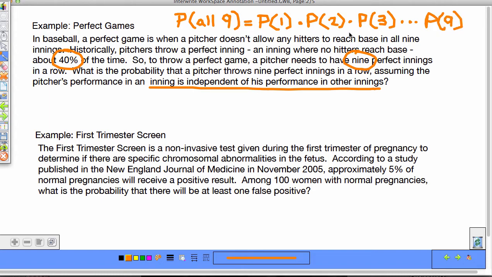I know each of these probabilities, and in this case, each of them is 0.4. So this would be 0.4 times 0.4 times 0.4 times 0.4, which would just be 0.4 to the ninth. So the probability that a pitcher throws 9 perfect innings in a row is 0.00026.